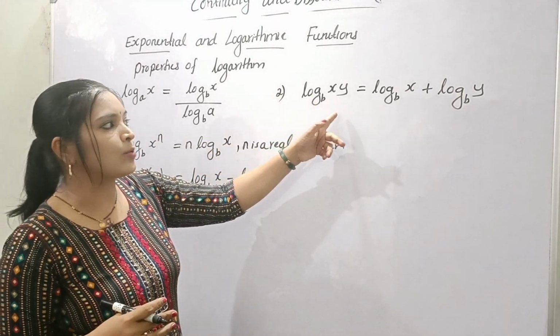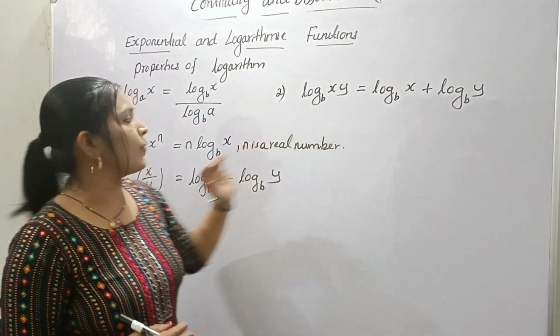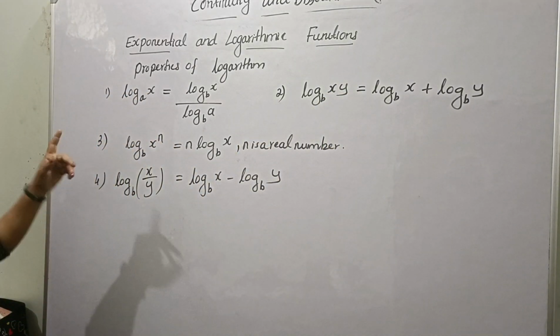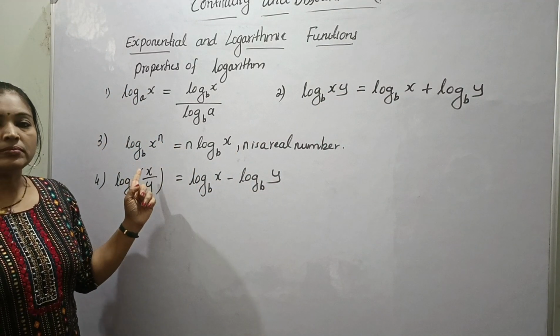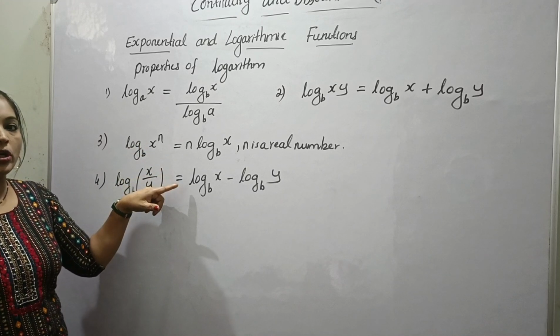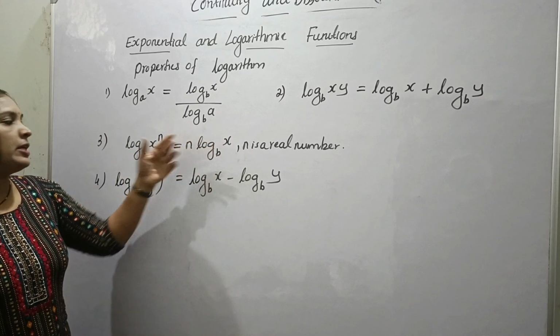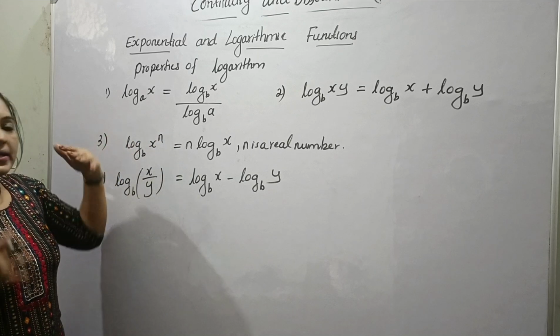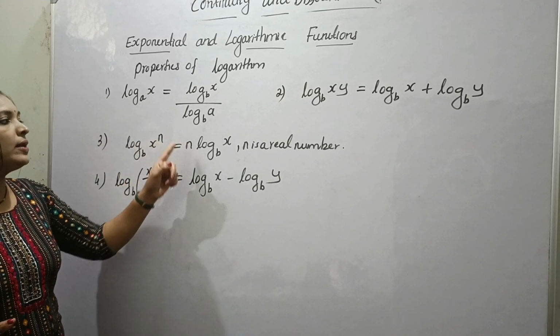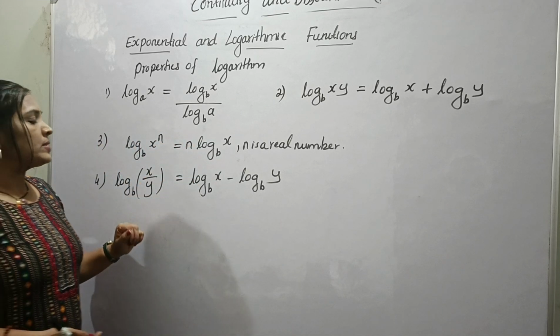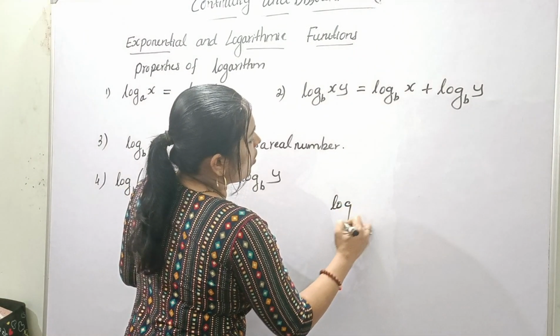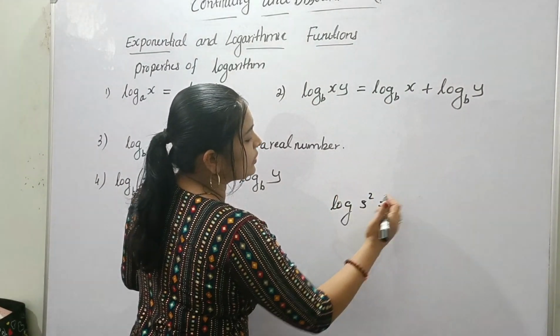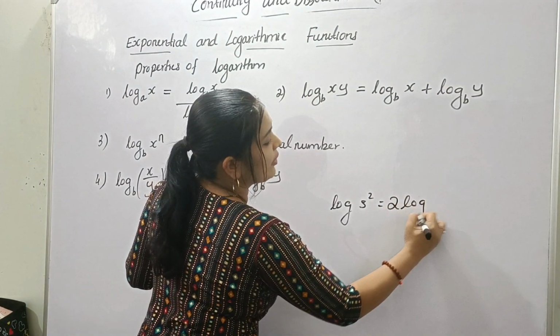And the third one: log x raised to n is equal to n log x. Here also the base can be anything. For example, log 5 squared can be written as 2 log 5.